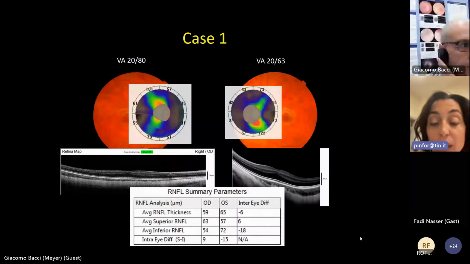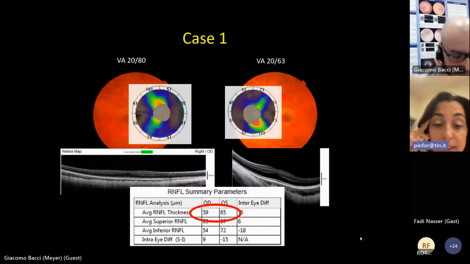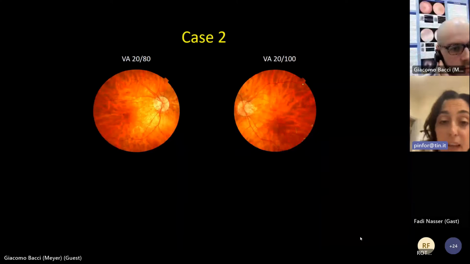And we also have another important characteristic, because during the OCT examination we find very low RNFL thickness.